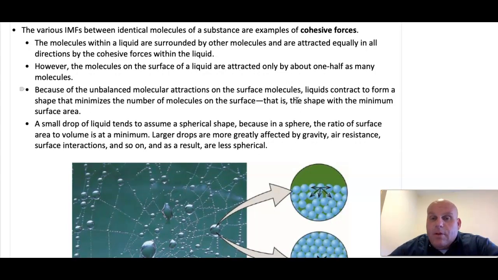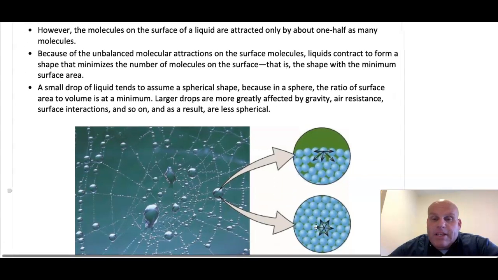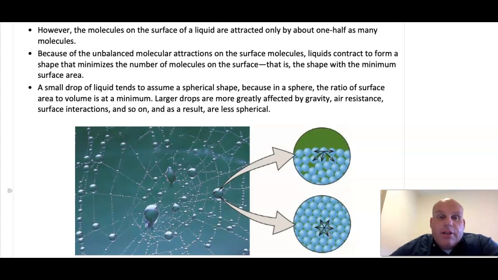You can see an example of a cohesive force in water droplets. All these forces are being applied to all surrounding molecules, except those on the surface. The surface molecules are exposed because they don't have the same kind of surrounding. So in an attempt to limit that exposure, these molecules start to pull on each other, and you get that rounding, bubbling effect because that shape provides less surface area and fewer surface molecules.